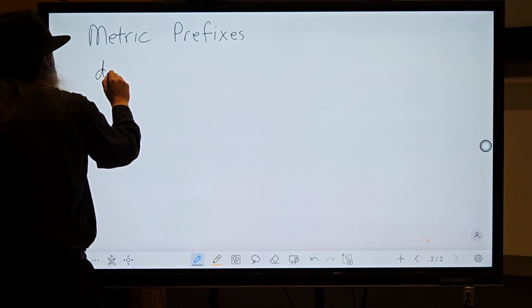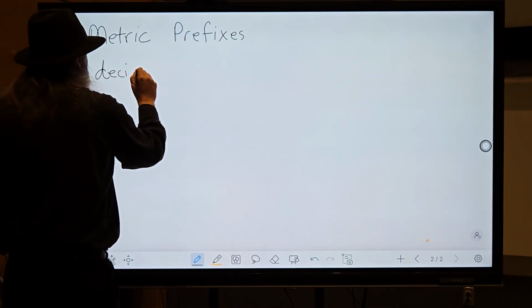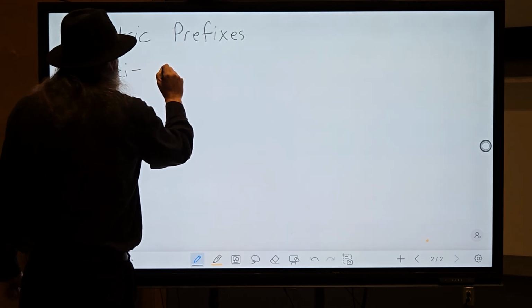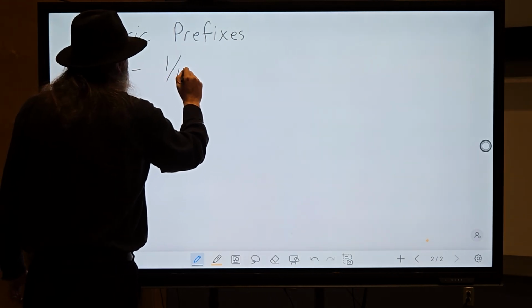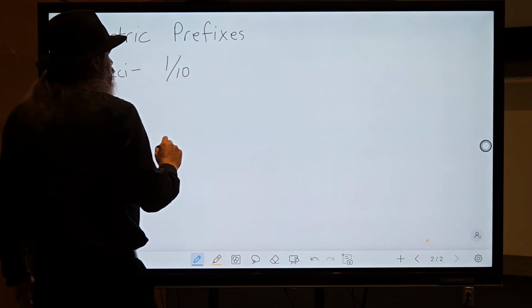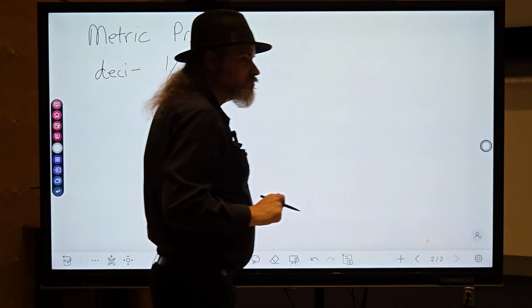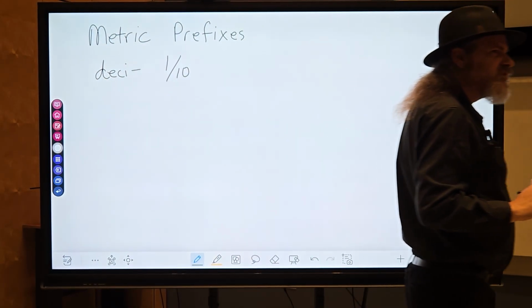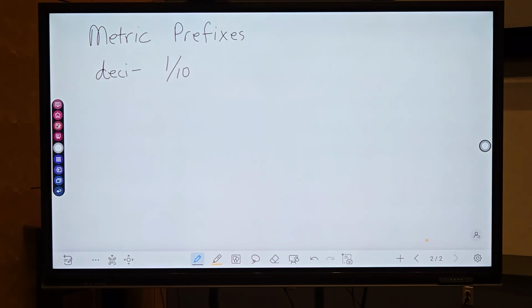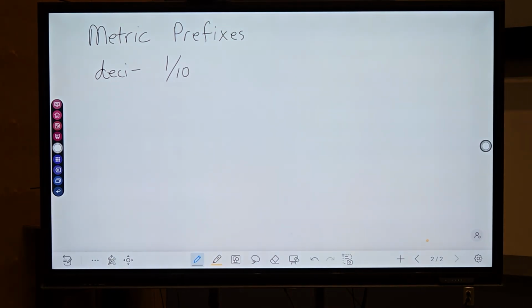Deci is 1/10, and I believe blood is measured in deciliters, tenths of a liter.